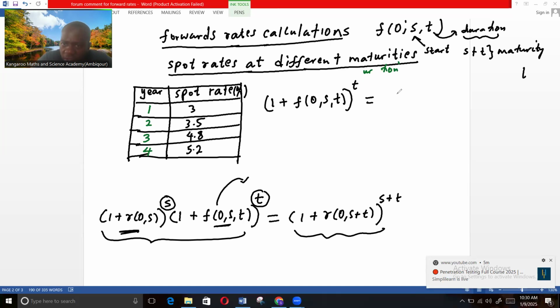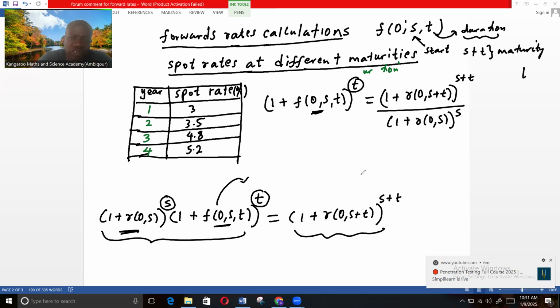So we're going to have 1 plus the S plus T spot rate to the power of S plus T. We divide this by 1 plus the S spot rate to the power of S. Then remember, we need to solve for this, so we must get rid of this term.